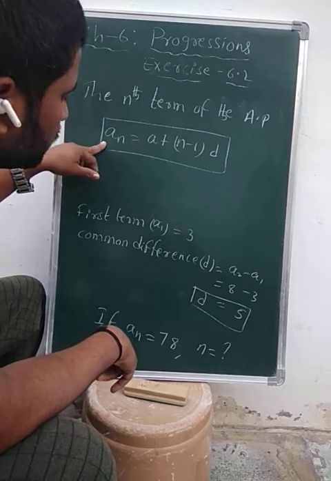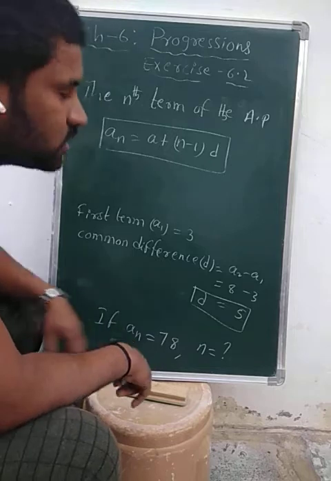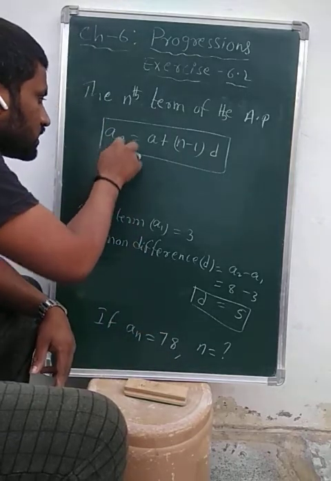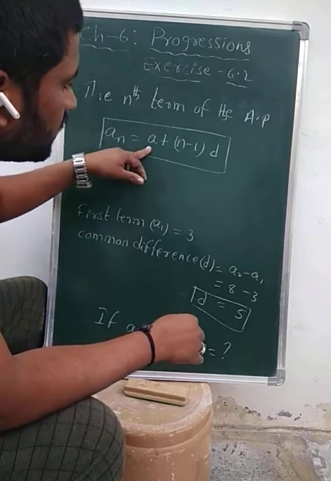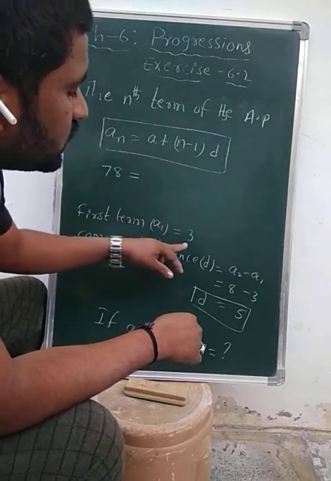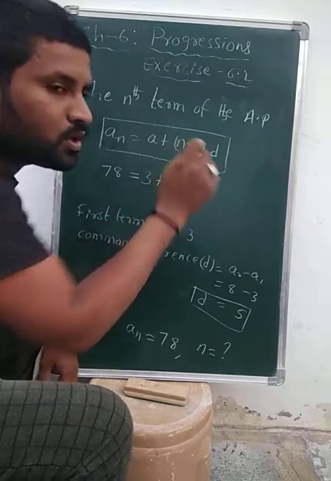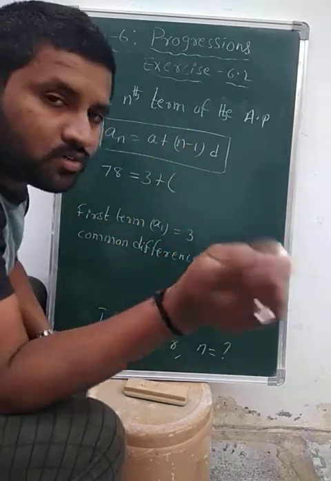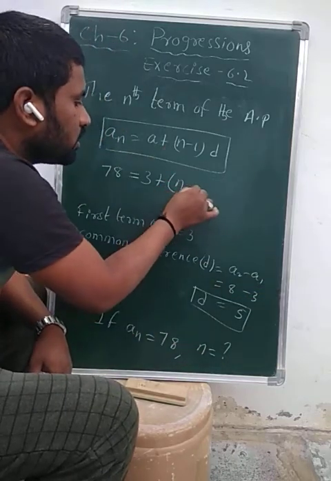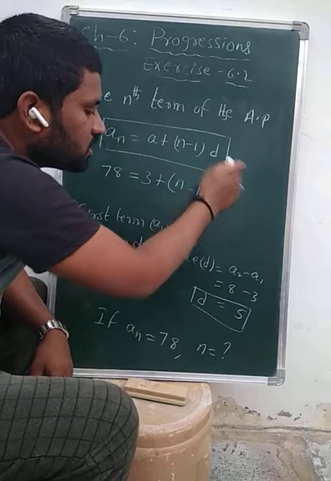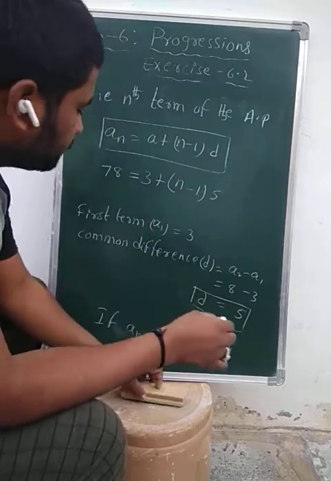The an value, an is equal to 78, which is equal to a, the first term, that is 3, plus n, the value we don't know. Now we need to find n only, so we just write n, minus 1, into d, where the common difference d is 5.